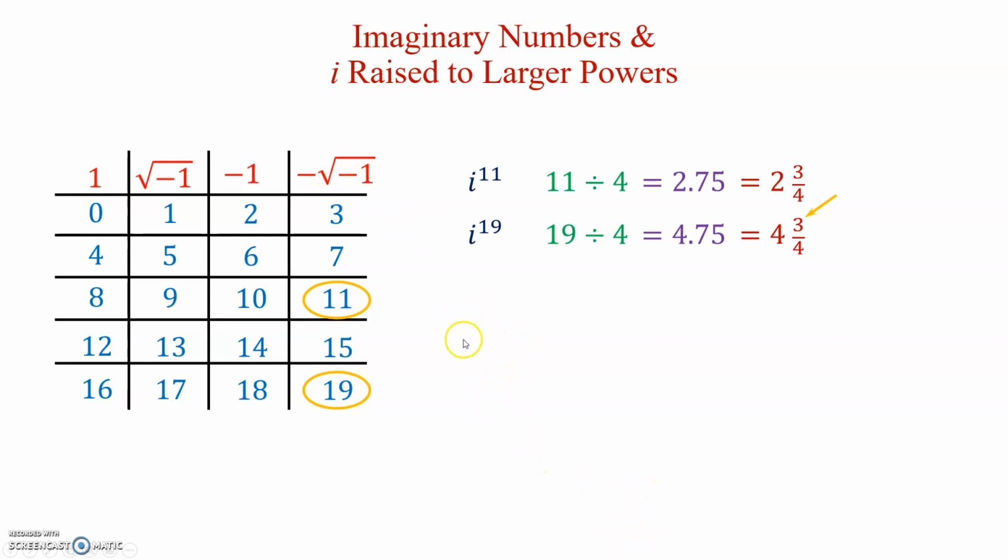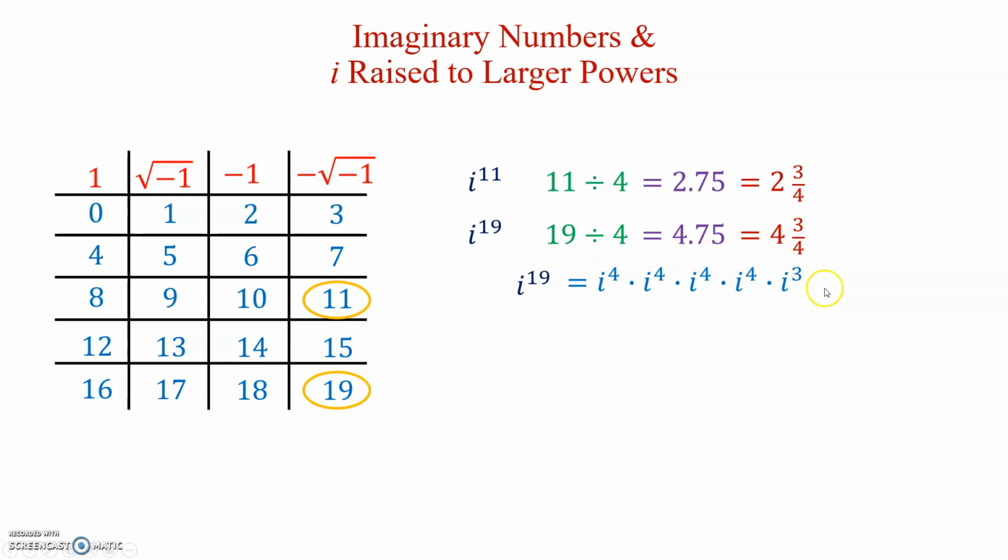What I wanted to do before I do another example is just to show what 4 3/4 is actually saying. If I start with I to the 19th, that's the same thing as I to the 4th times I to the 4th times I to the 4th times I to the 4th. So 4 complete revolutions. That's what this 4 is saying.